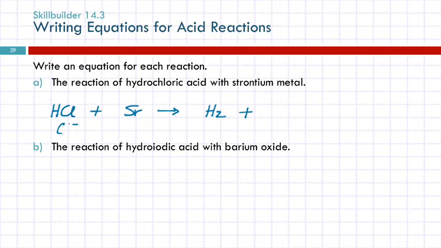That's kind of confusing to have them there. So we've got strontium, which we know from the periodic table makes a +2 ion, and we have chlorine, which we know from the periodic table makes a -1 ion. So in putting those together, we get SrCl2, and we need to balance the equation. Well, the strontium's fine, but the hydrogen and the chlorine are a little out of whack. If we put a 2 over here, we'll get it balanced. Any questions?